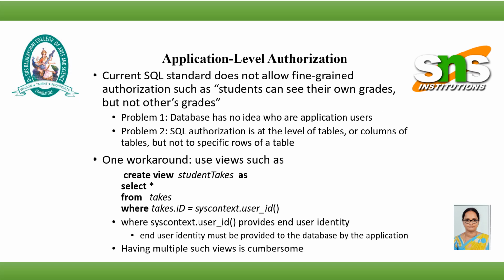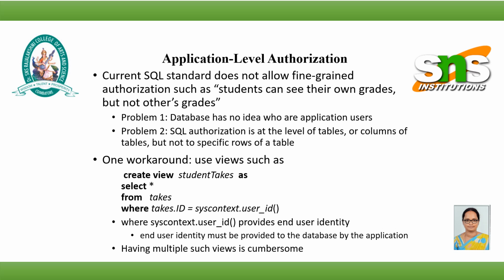Next, application level authorization. Currently SQL doesn't allow fine-grained authorization, such as students can see their own grades but not others' grades. Everyone can see everyone's information because a registered number is unique, and in a particular class, all the members' registered numbers can be known by everyone.